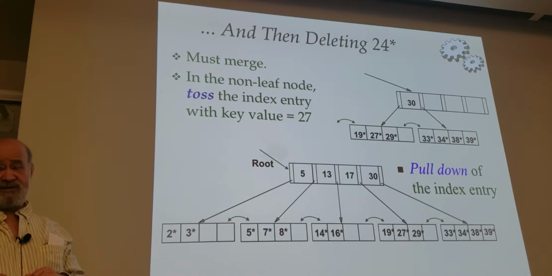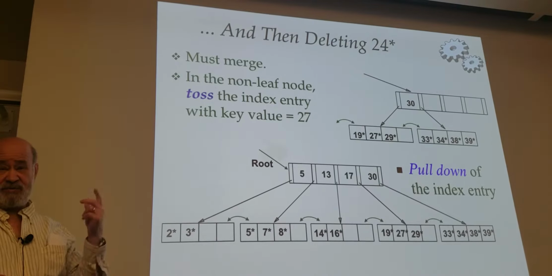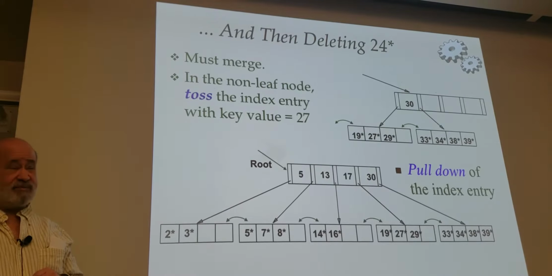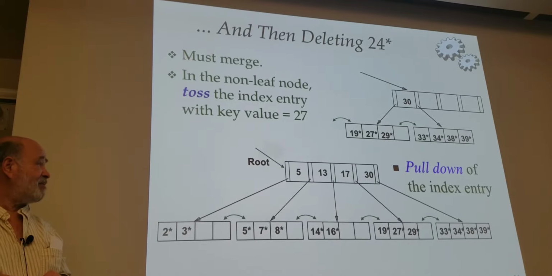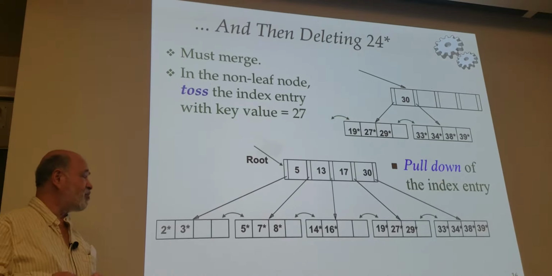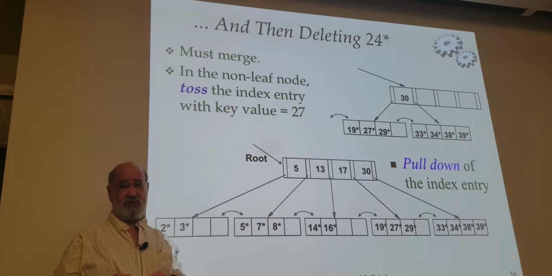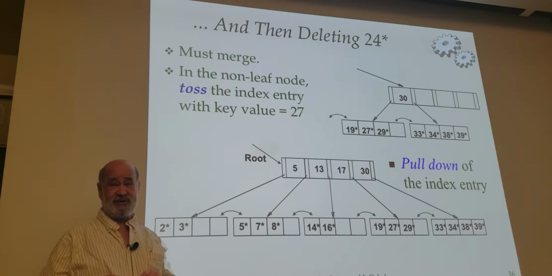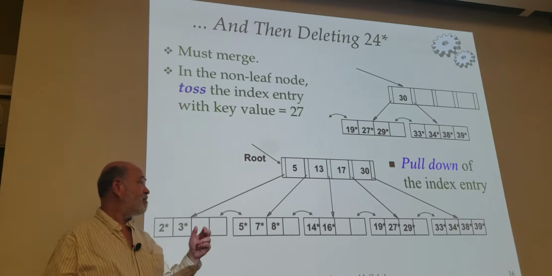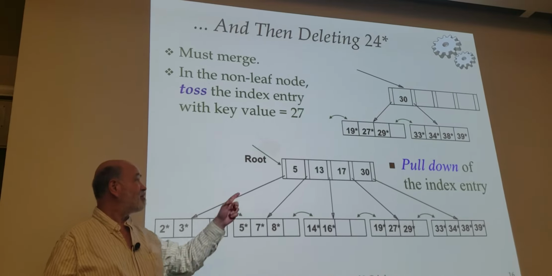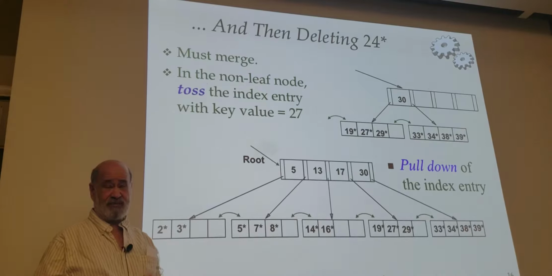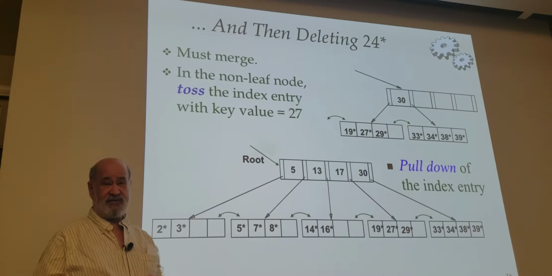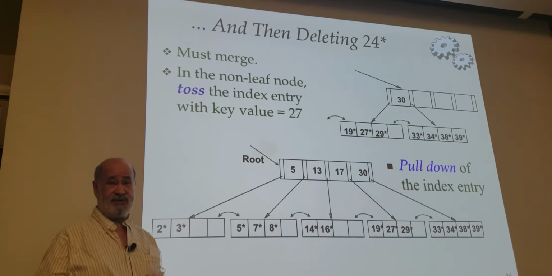So this is a case in which we're not going to propagate to the root, because we're going to be able to do the thing where the root ends up getting combined, because there was only 1 thing in the root. The root already was below par, and we can merge these things together. And notice that what happened is we ended up taking the 17, which had been the root, and we can pull it down. And these 4 things together become the new root. So the tree, which used to be 3 levels, is now only 2.